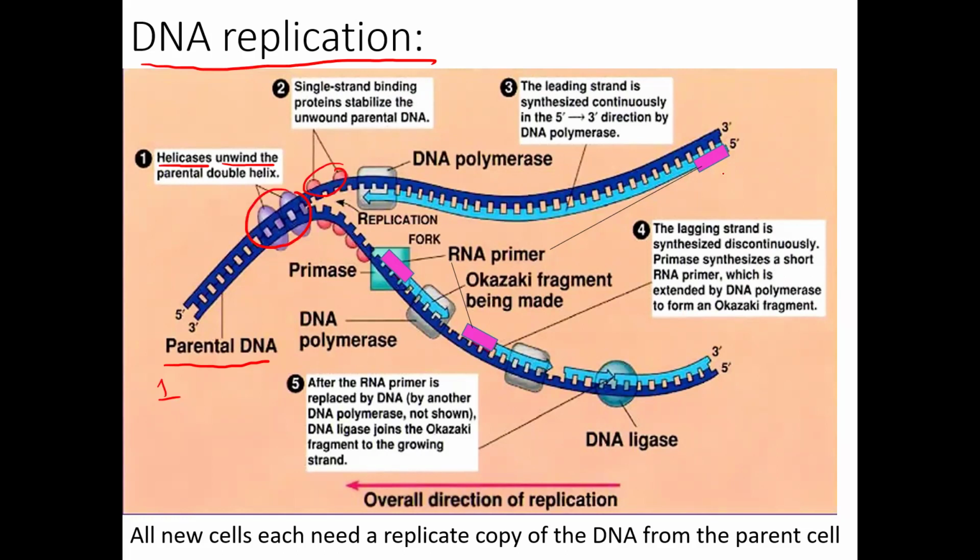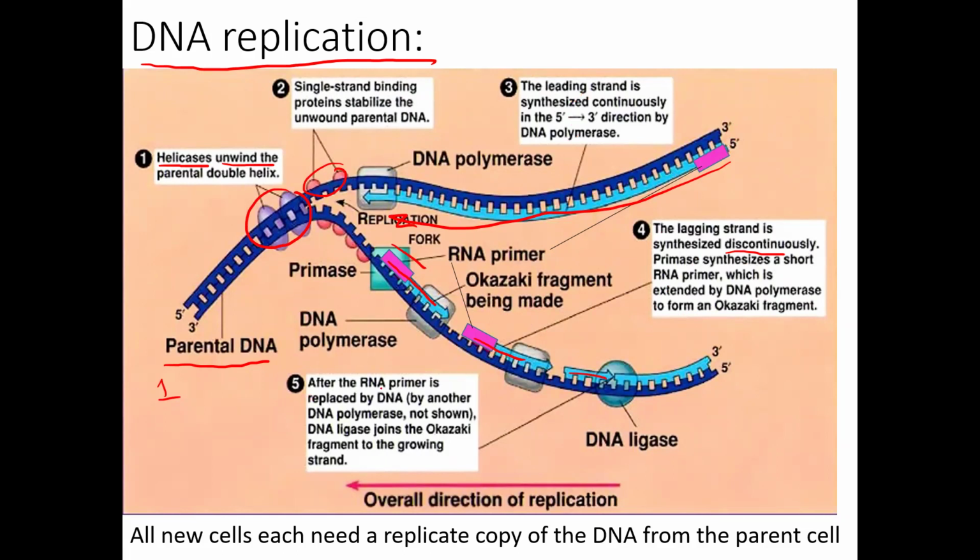So in this case, this one is going to be built continuously down this way, and this one is going to be built this way. The reason this is known as the leading strand is that it's built continuously. And this is the lagging strand because it's discontinuous, meaning we're going to have one part start to go, stop, go, stop. And we're going to need these portions in order to build and fill those gaps.